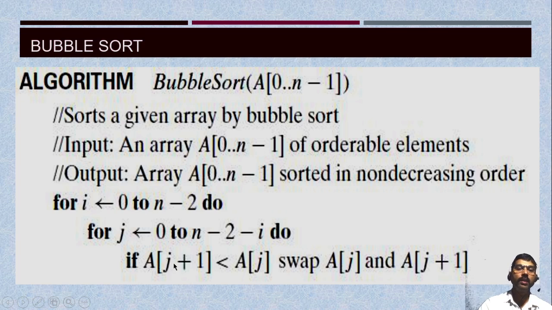Then when j increments, we compare the third element with the second element. If the third element is smaller, we swap it. We continue this process up to n-2 minus i, up to the end of the unsorted list. Once you reach the end of the unsorted list, the largest element of that unsorted list will be pushed to the last position. So this is what the algorithm shows.